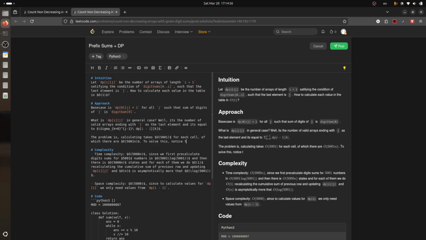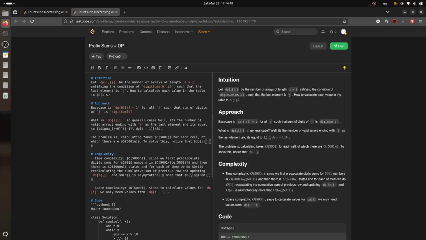To solve this, notice that dp[i][j] is equal to dp[i][j-1] plus this whole term, right?